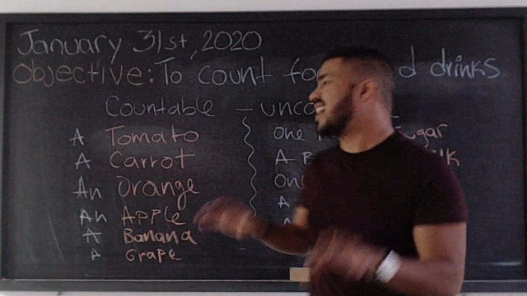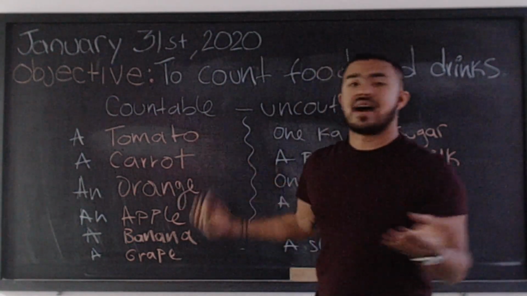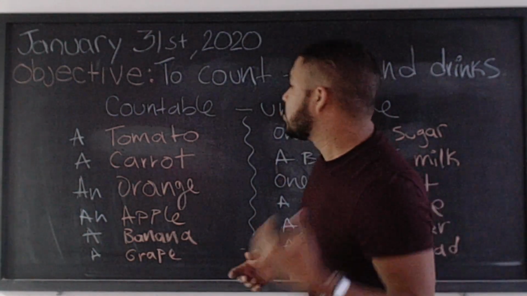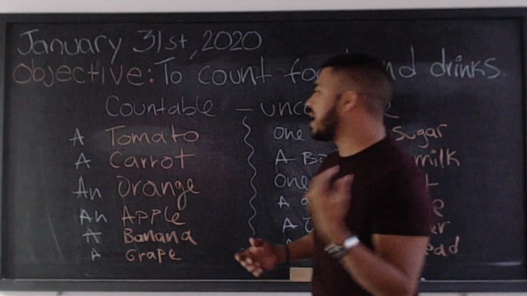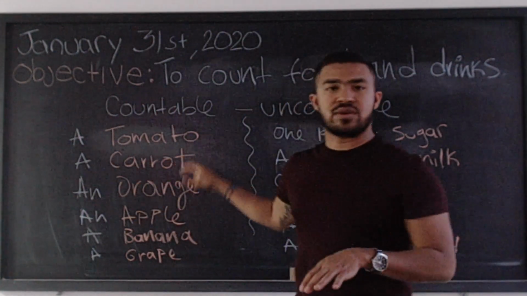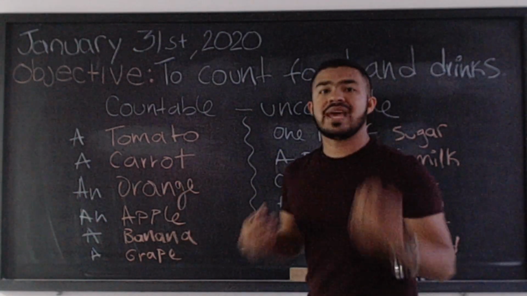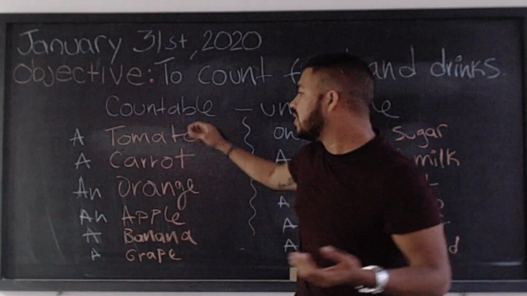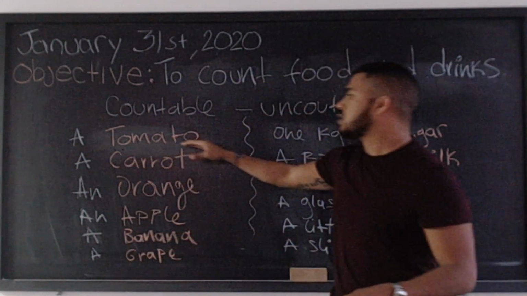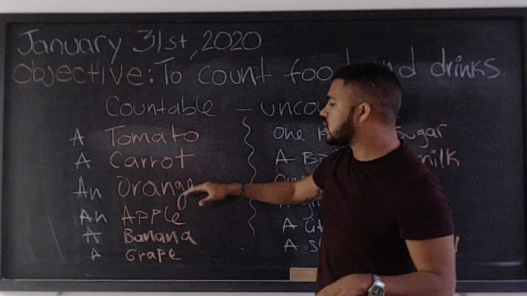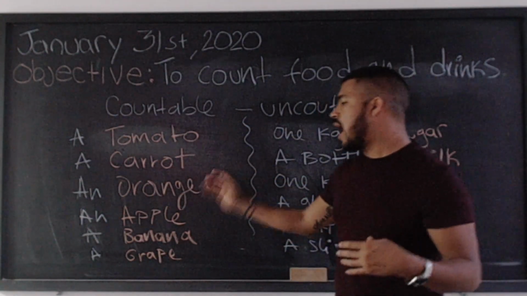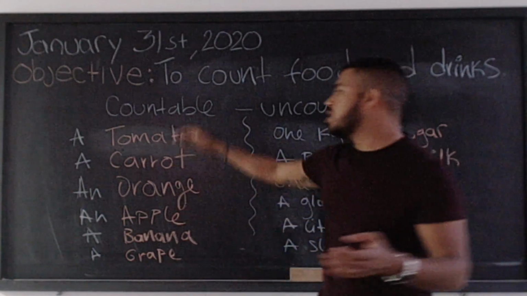So in that case, I can say, I need some tomatoes for the soup. Or I can say, the soup needs 3 carrots. If you need plural nouns, you just add the s. So you say some tomatoes, some carrots, 3 oranges, 3 apples, some bananas, a lot of grapes. You see that? Those are countables.